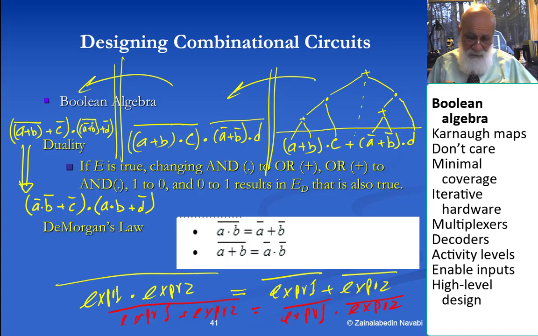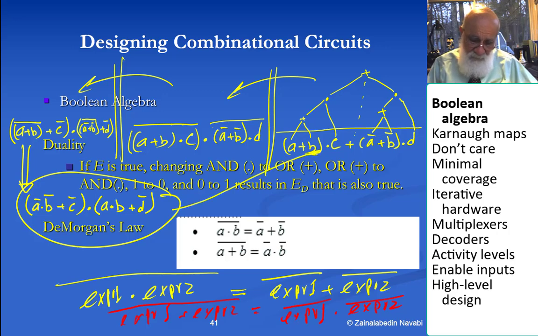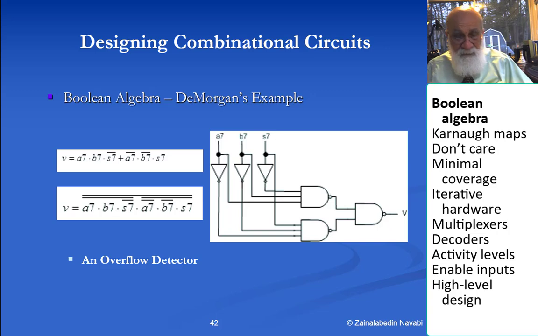This expression and this expression and this, they're all the same thing. So that's De Morgan's, and let's do some examples and show some circuits that benefit from these laws.